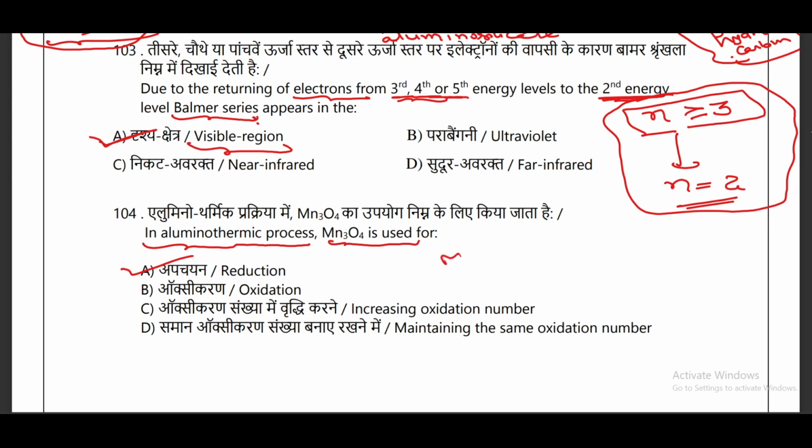Actually, manganese, which is in oxidation state 2 or 3, generally manganese oxides are reduced by aluminum to manganese metal.